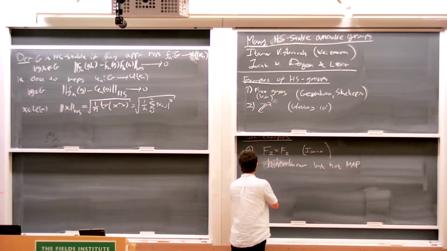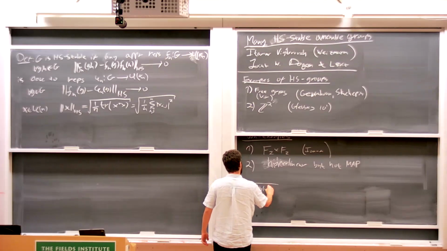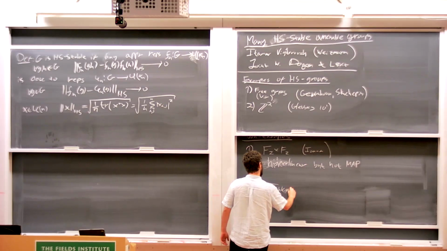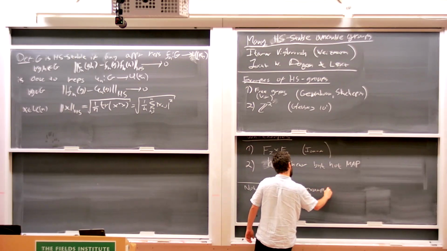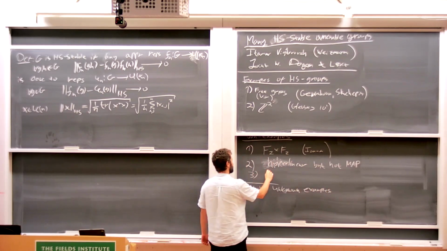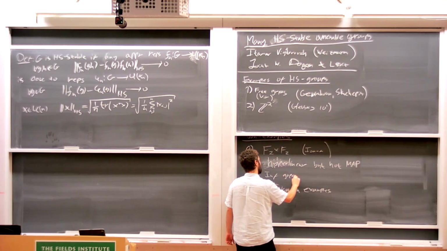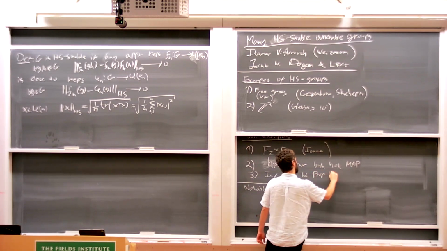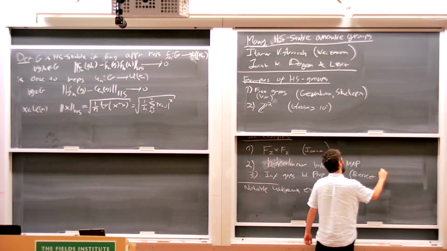I want to also write some notable unknown examples. But maybe first I'll write one more: infinite groups with property T. This is Becker and Lubotzky.